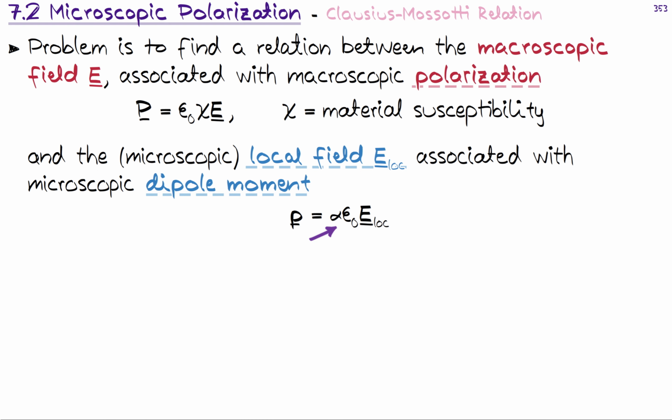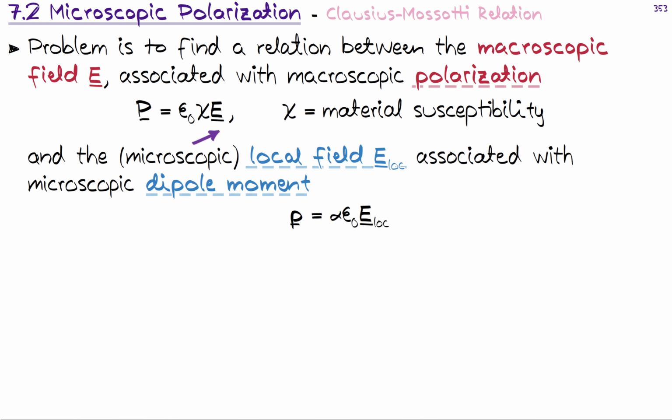These equations look quite similar, and I recommend memorizing them, because if you remember them, you can avoid confusing these two different fields. This is the local field actually felt by a microscopic object described by polarizability, and that gives rise to a microscopic dipole moment, small p.